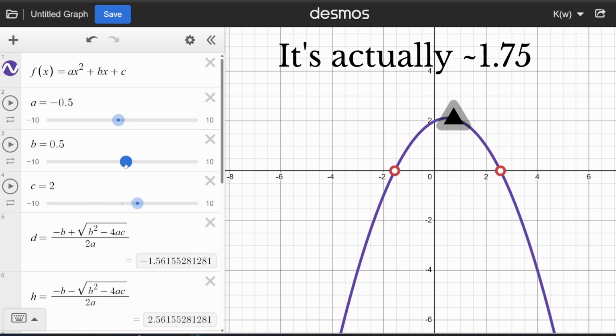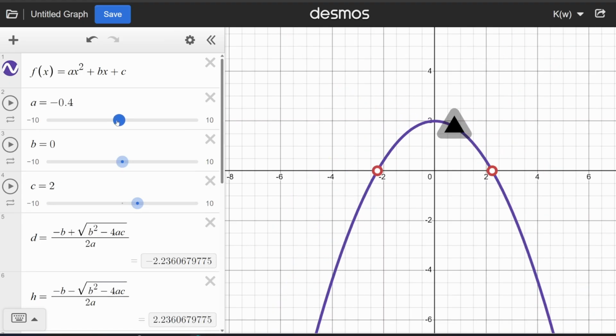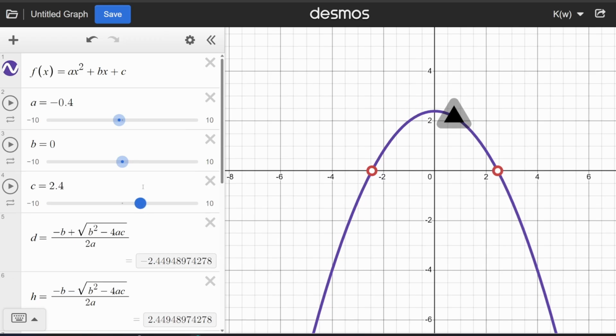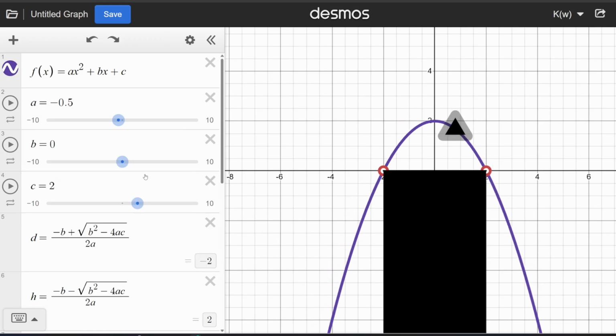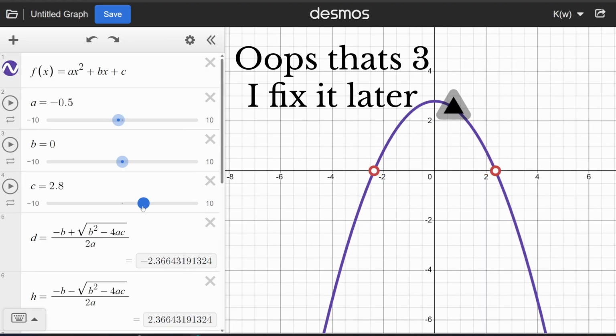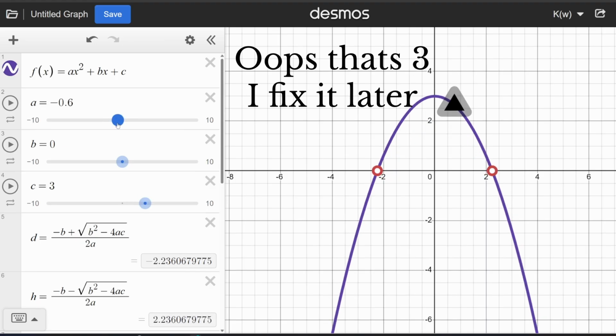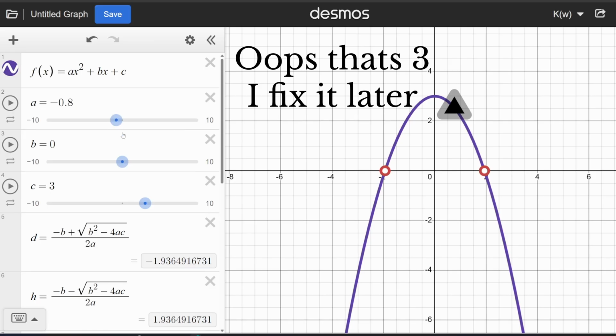This shifts it left and right. This makes it wider or shorter. And this moves it up and down. So let's go ahead and move it up to 2.5. And then we need to shift it in a little bit to get it within those bounds.